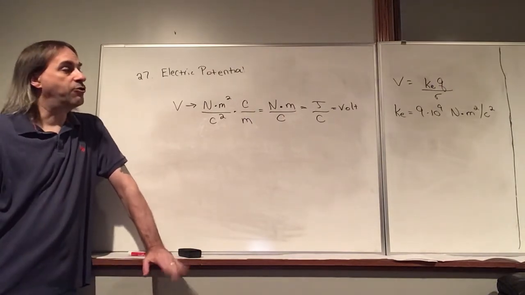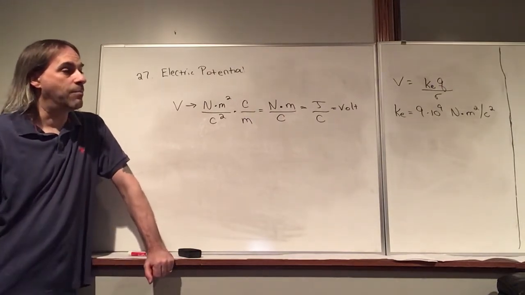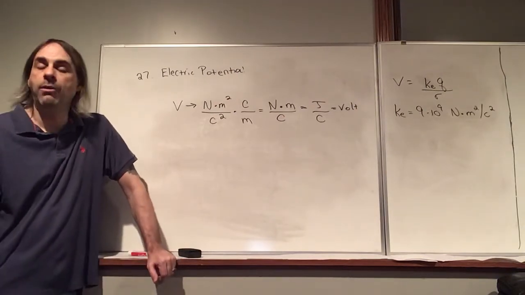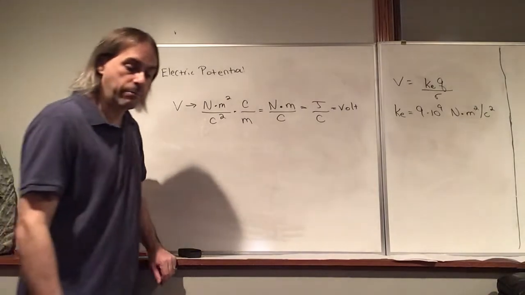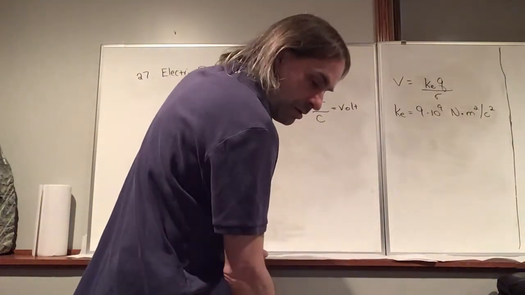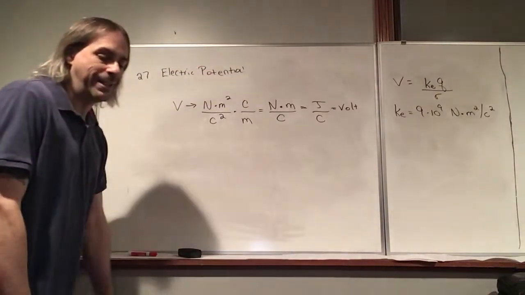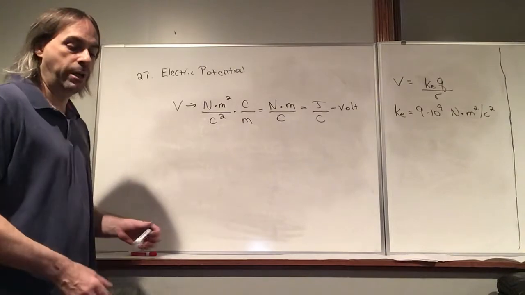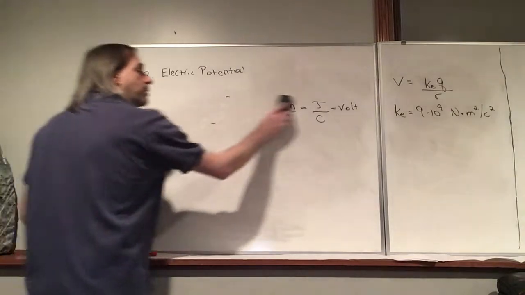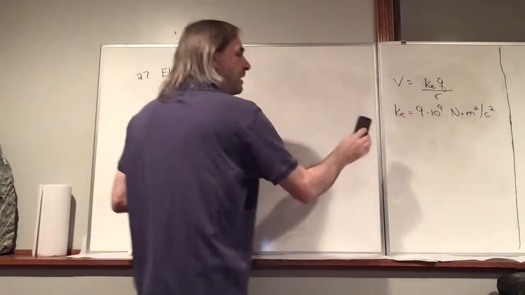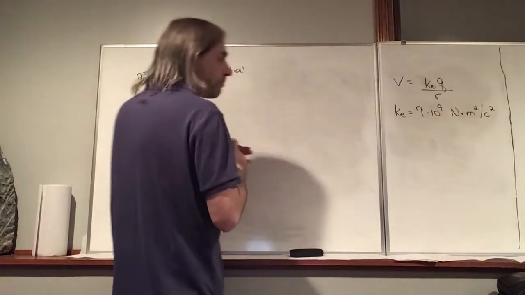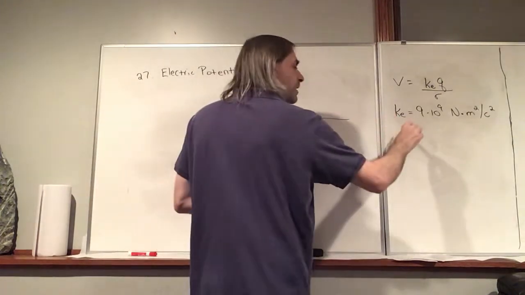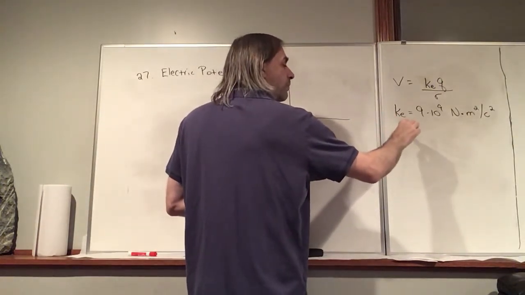But that's electric potential. So in theory, if we have any number of charges and we know where they are, we can calculate the electric potential anywhere, and it is a scalar. I think we'll look at just one example of that, and then we're going to look at how electric potential is related to electric fields. I've got an example in the notes, kind of a simple one, but I'm going to write down this conversion factor as well.